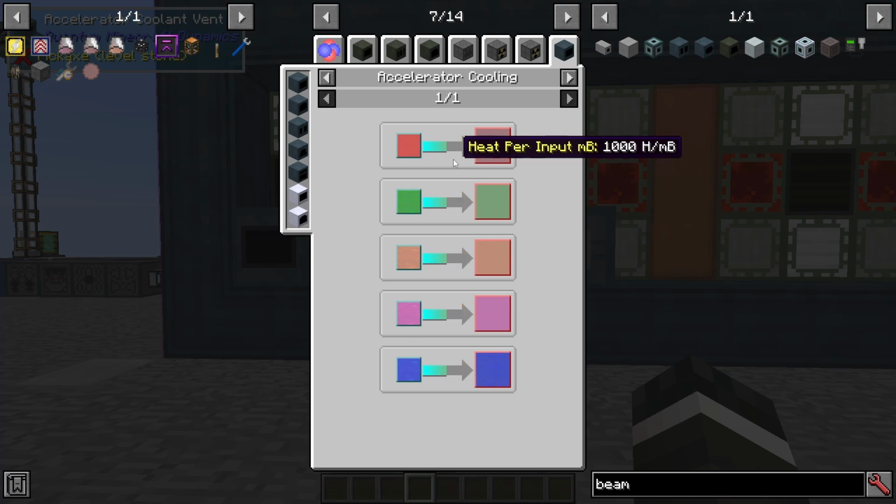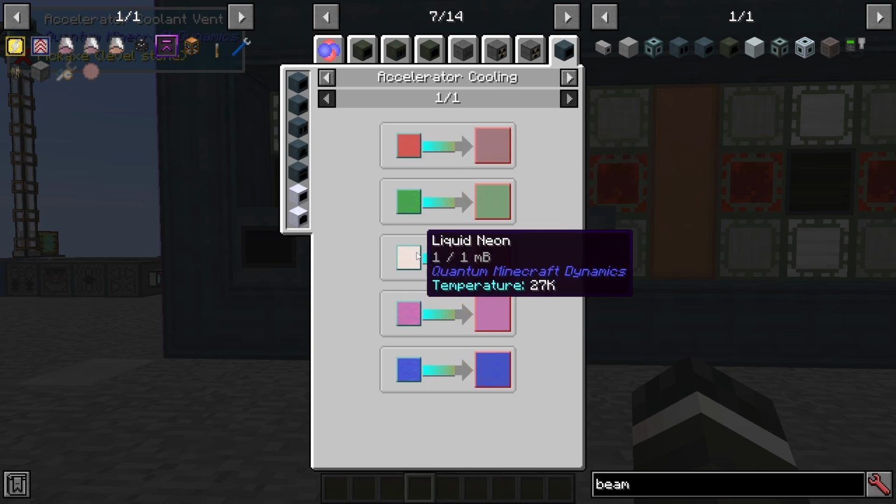Therefore, our 4075 heat will need 4.075 millibuckets of coolant, which means that we will need to produce 4.075 millibuckets per tick of whatever liquid we use. We're going to use liquid neon, as we said before.